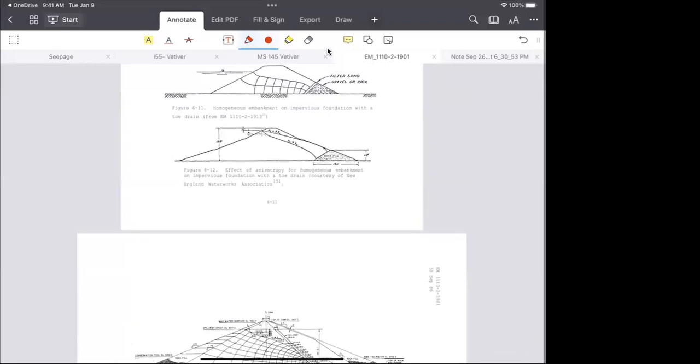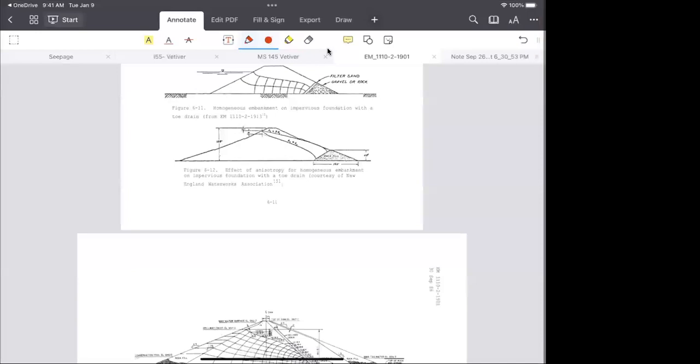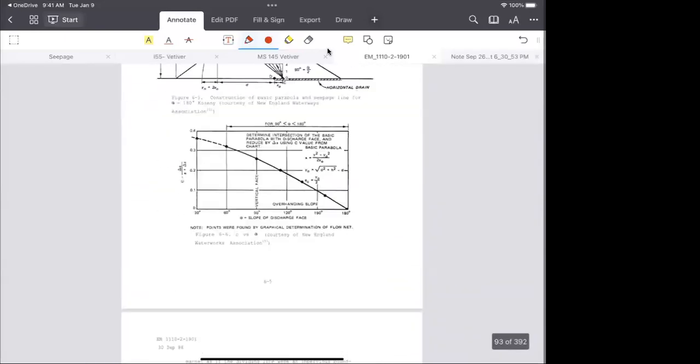No, what I'm saying is, for any kind of design, Corps needs to adopt it. First, it should be part of the EMs, right? Yeah, like 90% of our designs are part of the EMs. We just follow the EMs.